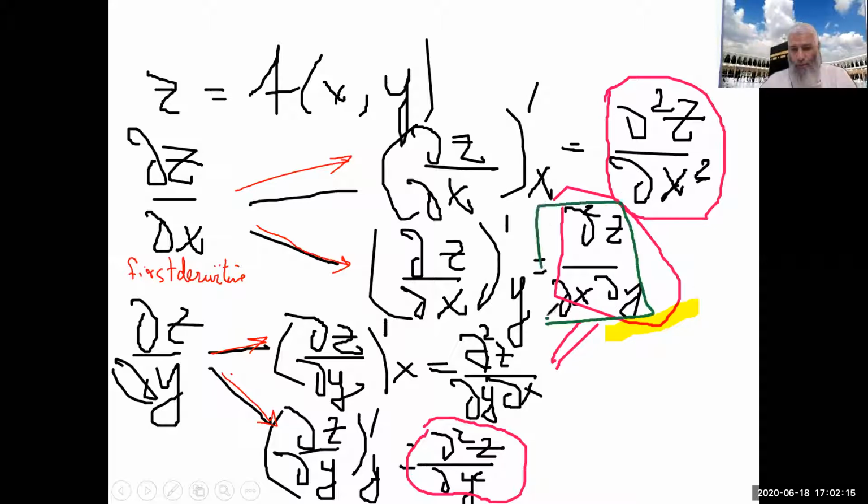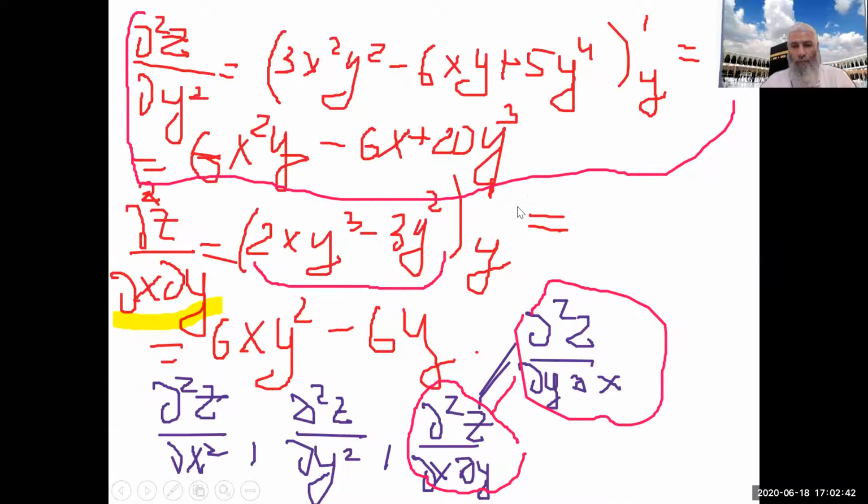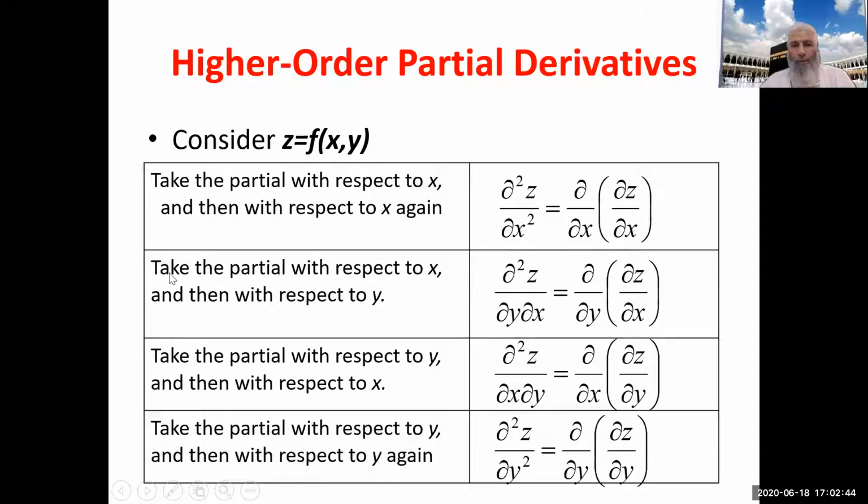You see? Yes, I see. This is with respect to x, then with respect to y, and he wrote it like this: d2z divided dx dy. But here he is saying take the partial with respect to x and then with respect to y.